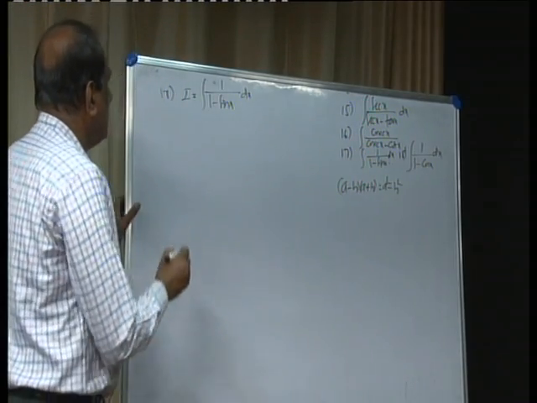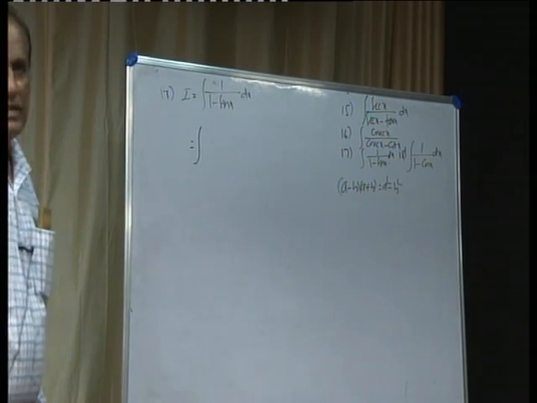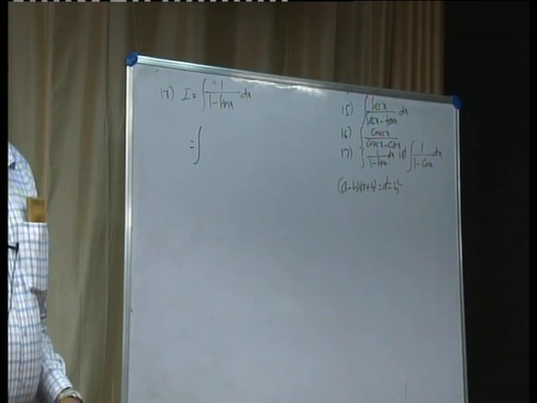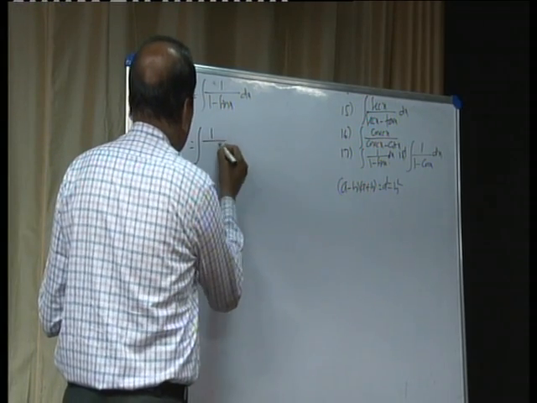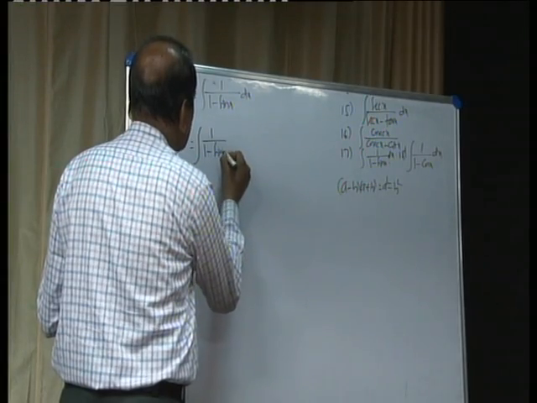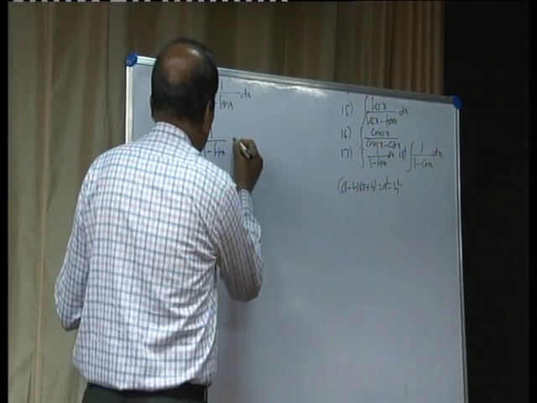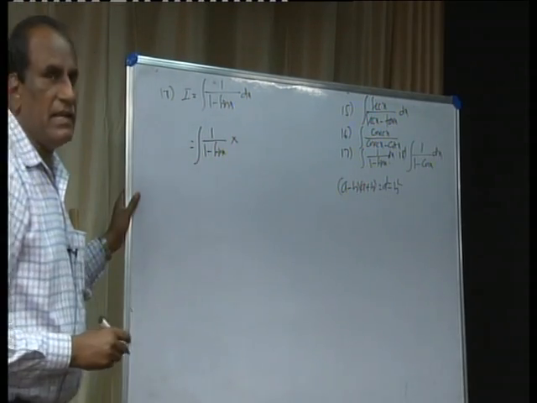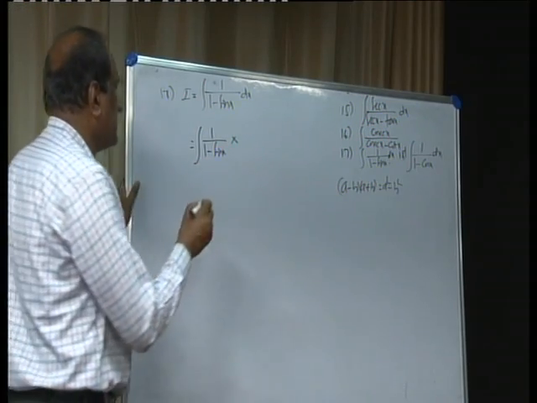Now, see here, we cannot integrate 1 by 1 minus sin x directly. Simplify by rationalizing the denominator: 1 divided by 1 minus sin x, into the conjugate of the denominator, that is 1 plus sin x.